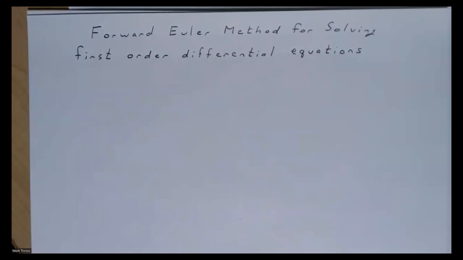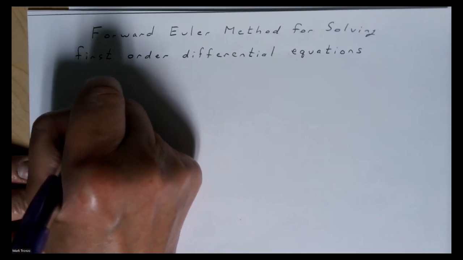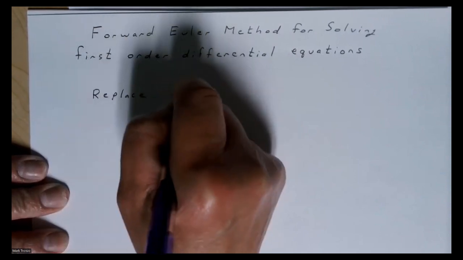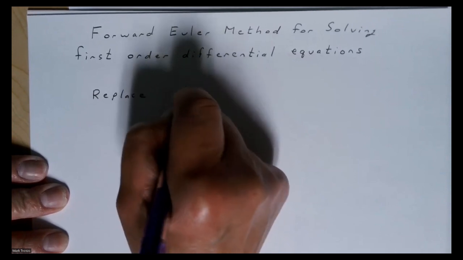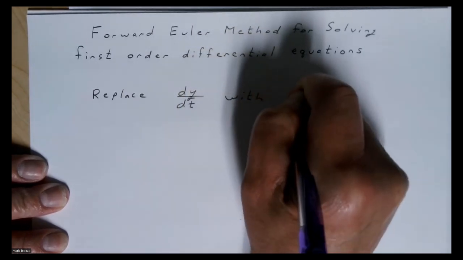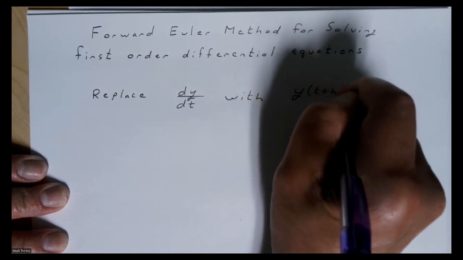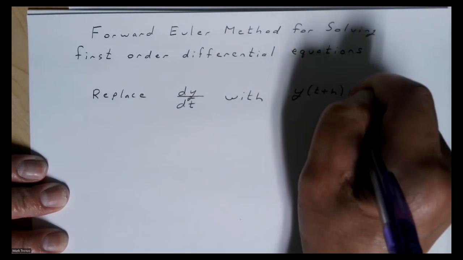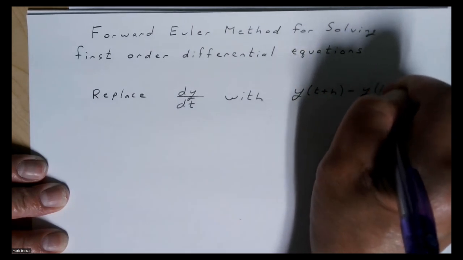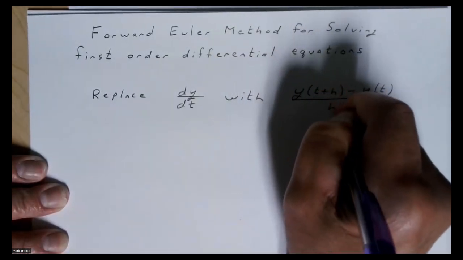Next, we're going to look at the forward Euler method for solving first-order differential equations. For the forward Euler method, we replace the derivative, say, dy/dt, with y(t plus h) minus y(t), divided by h.